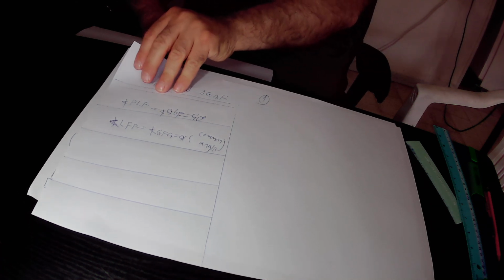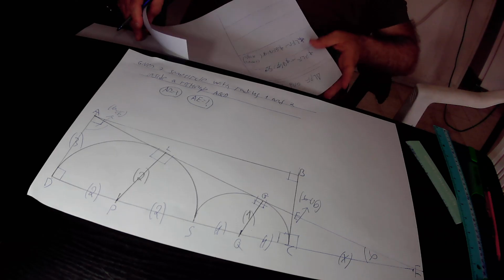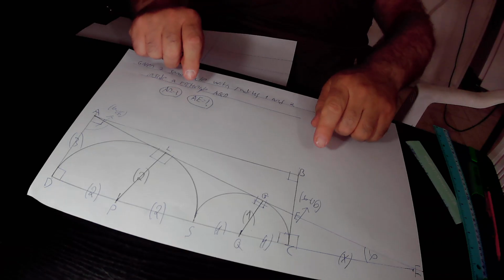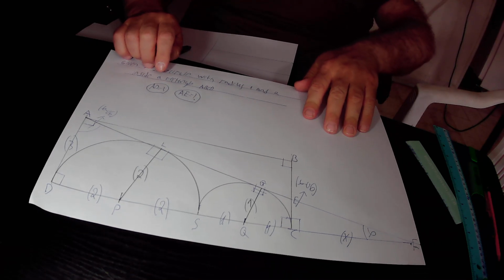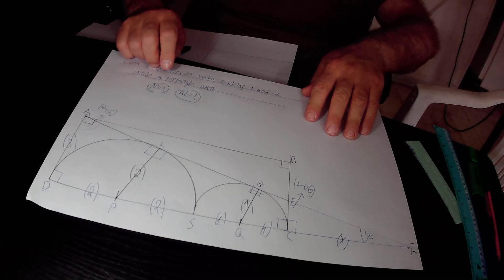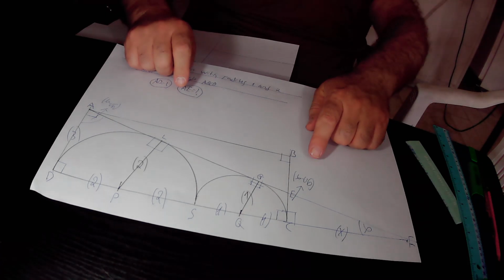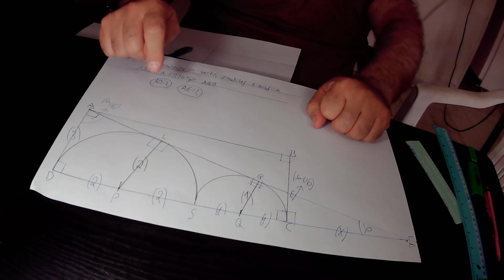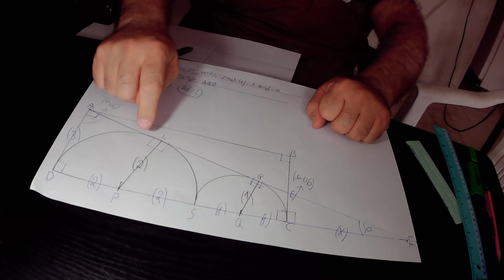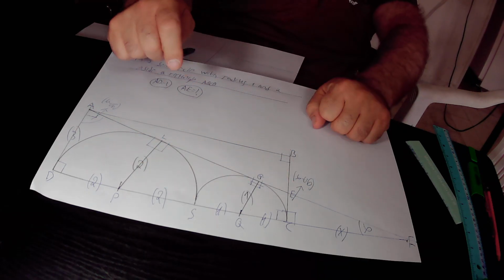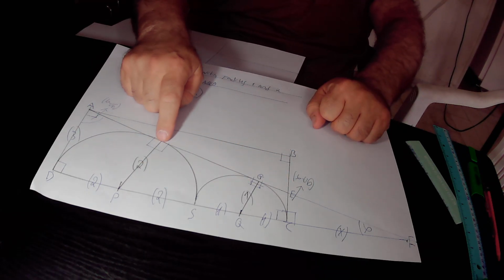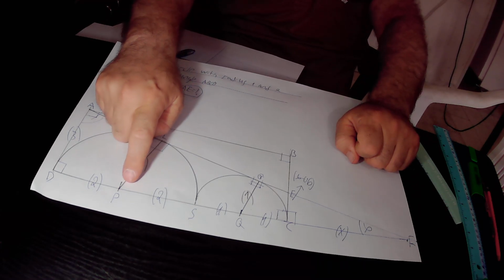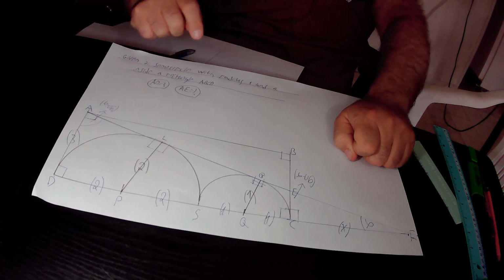And finally, in the big right triangle LPF, this angle equals alpha, this angle equals 90 degrees, and this angle equals alpha, therefore this first angle must be equal to 90 degrees minus alpha.